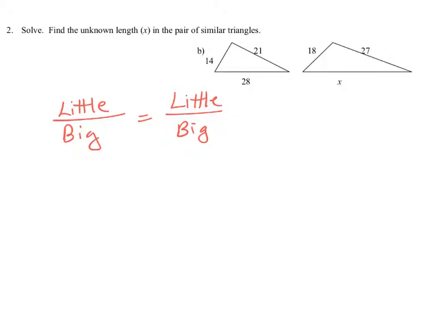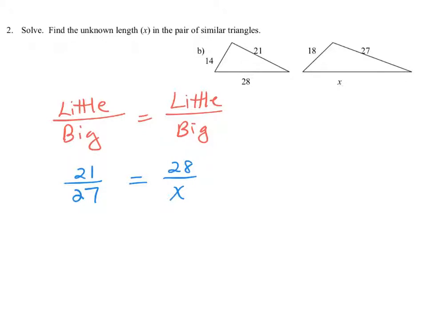So we could set up this proportion as the little two that we do know. One is 21 over the corresponding 27 on the big triangle. And for the little triangle, we have the side of 28, and x is a similar side on the larger triangle.